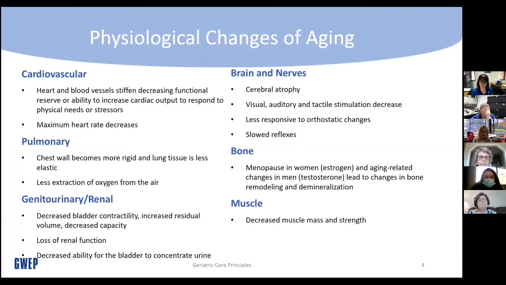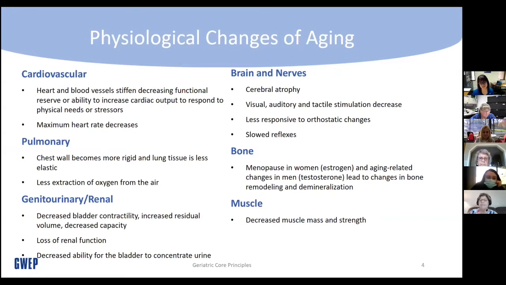For example, cardiovascularly, our heart rate slows down as you get older. You lose some of those pacemaker cells, and you're not able to generate as much of a heart rate response to aerobic activity. So the capability of achieving and maintaining a higher cardiac output for extreme exercise does go down. That is a normal part of aging.